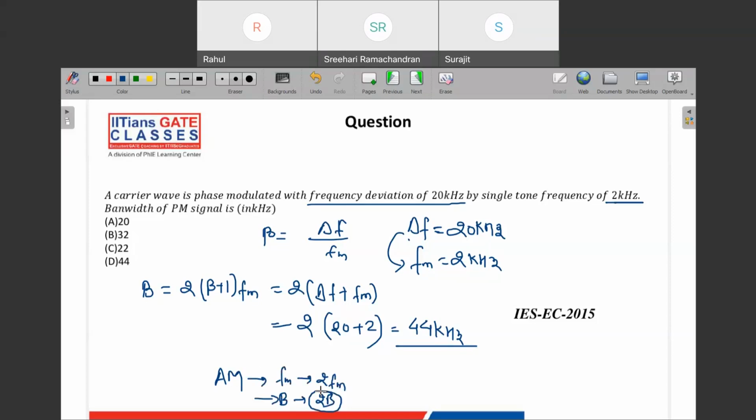But in the case of FM, you see that the bandwidth of the signal has a huge dependency on this beta, and beta generally has values like 20 or so. Because of that, generally the bandwidth of the FM signal is much greater than the bandwidth of the AM signal. So spectrum utilization in the case of the FM signal is very poor as compared to the AM signal.